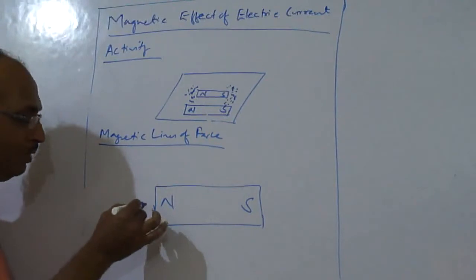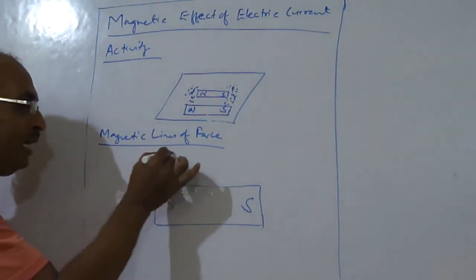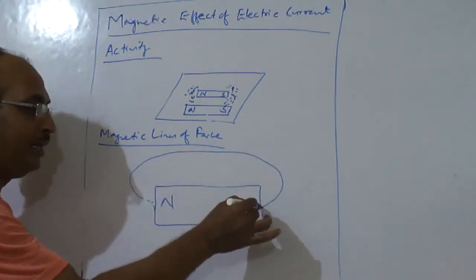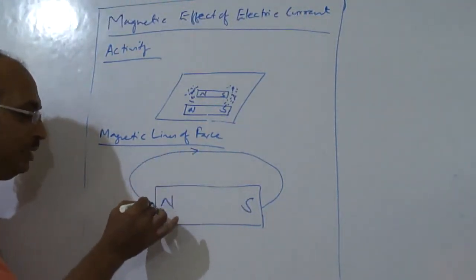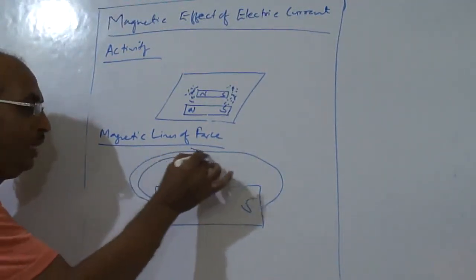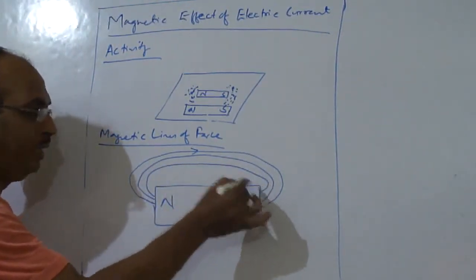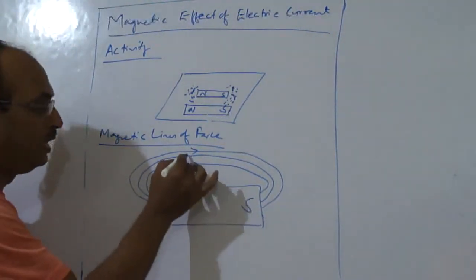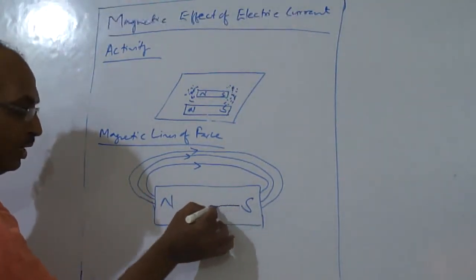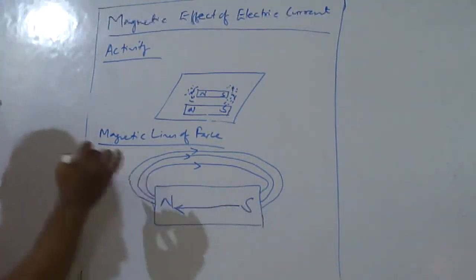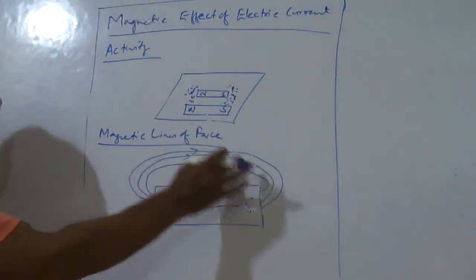What we are finding is that magnetic lines of force move from the north pole and enter the south pole. Inside the magnet, the magnetic lines of force move from south pole to north pole. Outside the magnet, from north to south.